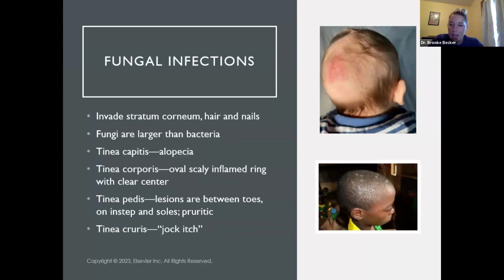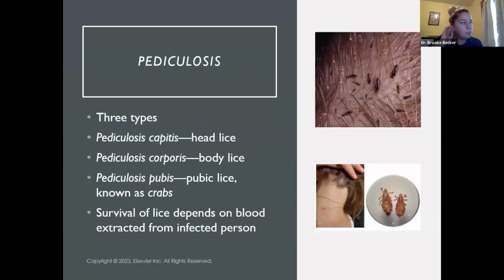And tinea capitis is on the head. And tinea pedis is on your feet. Tinea cruris is in your groin region. And pediculosis pubis is going to be in your pubic region. Okay, so that's what is referred to as crabs, or pubic lice.